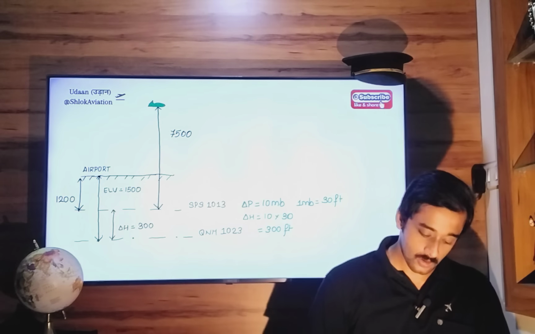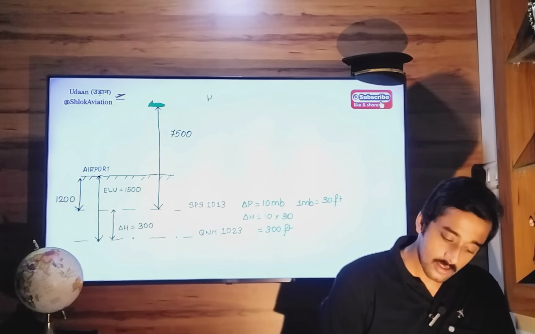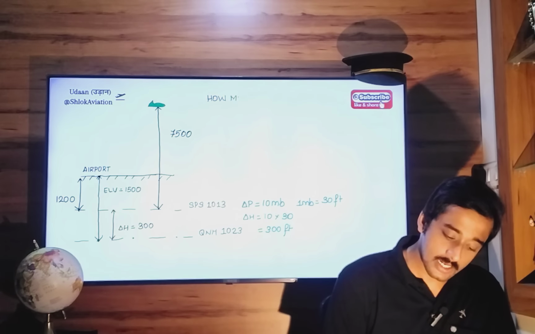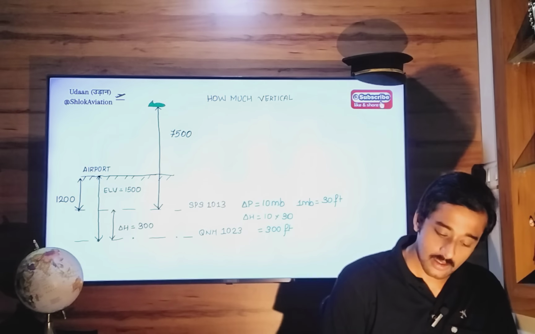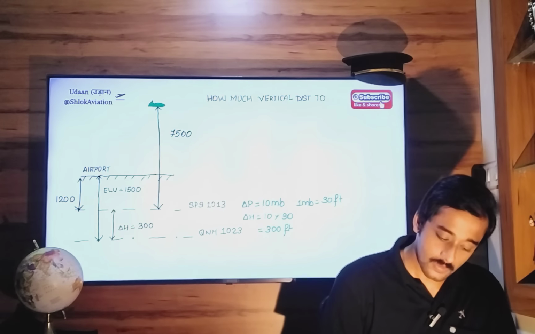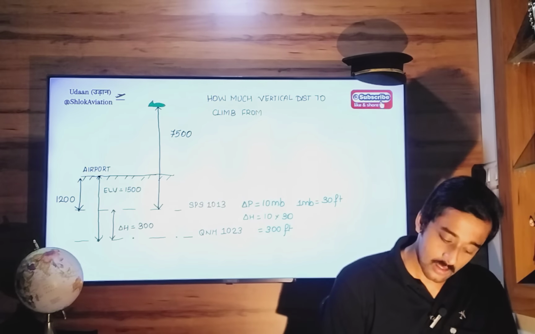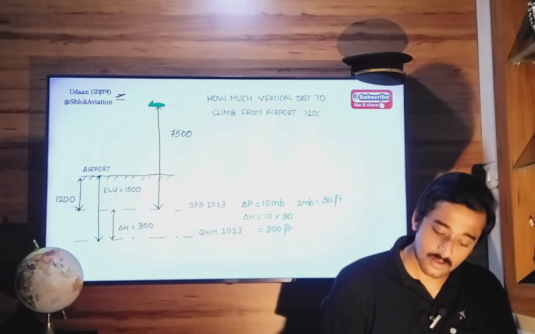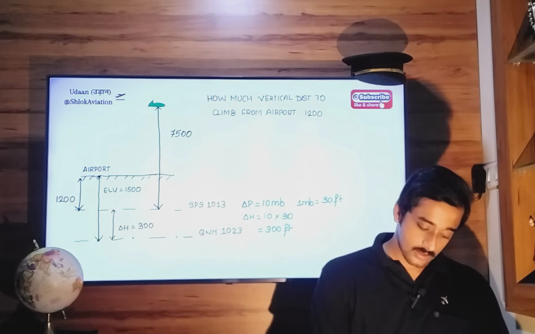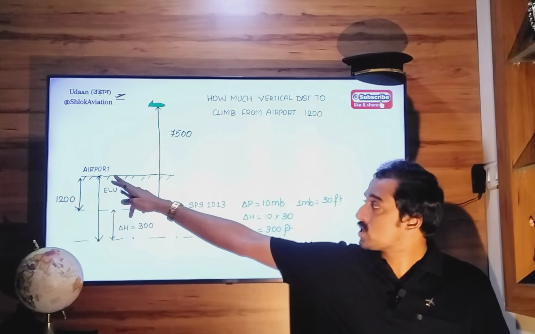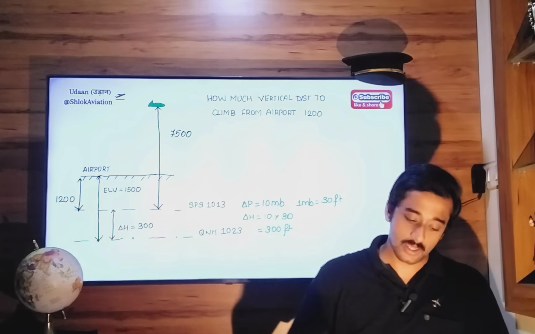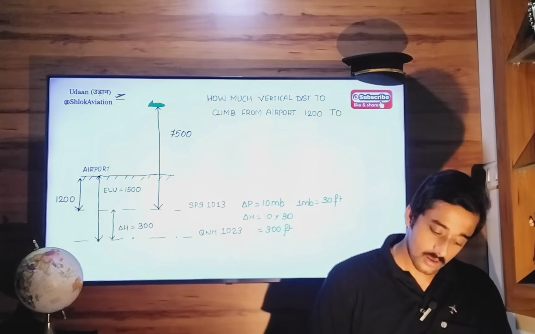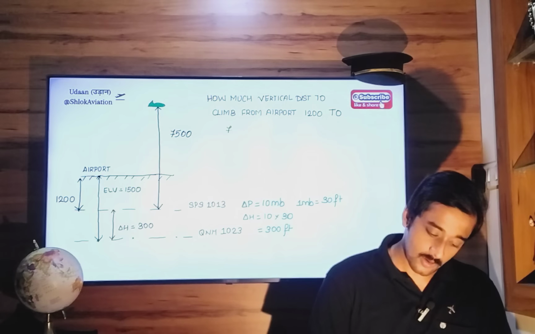1200. Now, how much vertical distance, that is feet, to climb from airport, which is 1200 feet, to 7,500 feet?